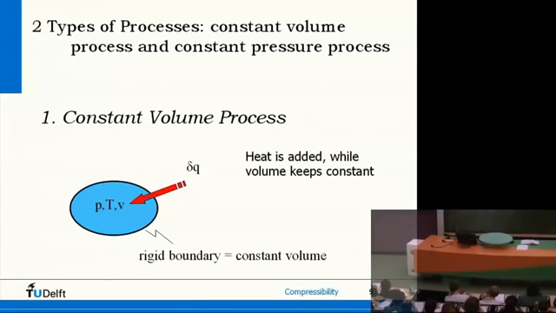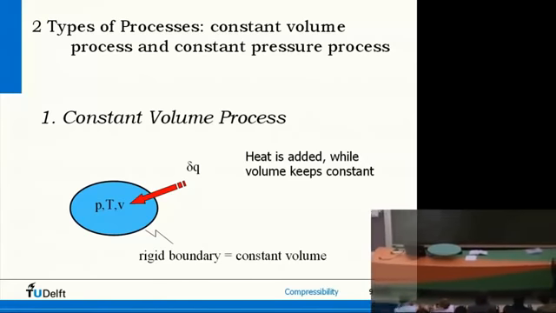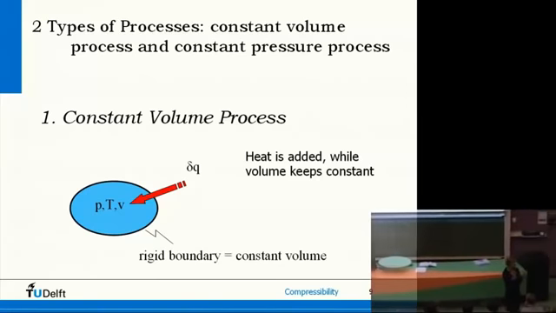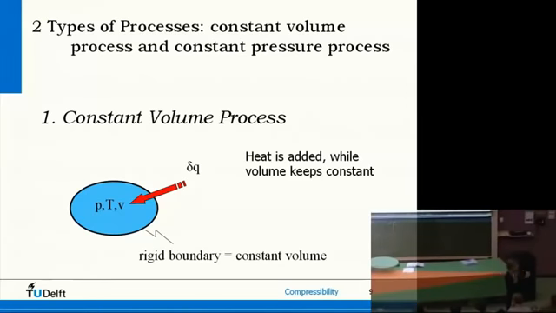But here I say I keep my volume constant. So I have rigid boundaries, heating it up, so changes in volume are not allowed. Just a box, heating gas inside a box. That's process one: a rigid boundary, constant volume, and I can add heat or subtract heat while keeping the volume constant.